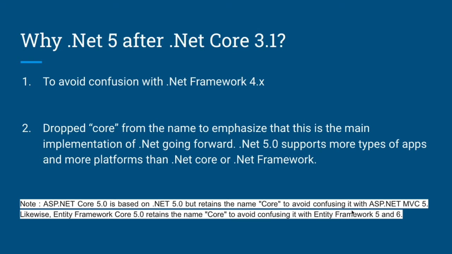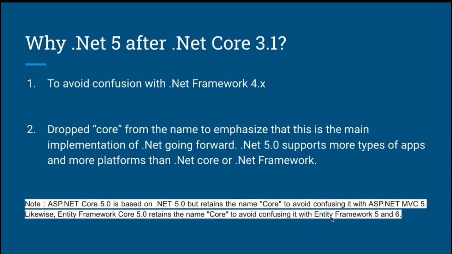We also have ASP.NET MVC 5, so to avoid any confusion, they have kept the word Core. And in case of Entity Framework, Core 5 also retains the name Core to avoid confusing it with Entity Framework 5. So ASP.NET Core 5 is based on .NET 5, and .NET 5 will be the unified platform.